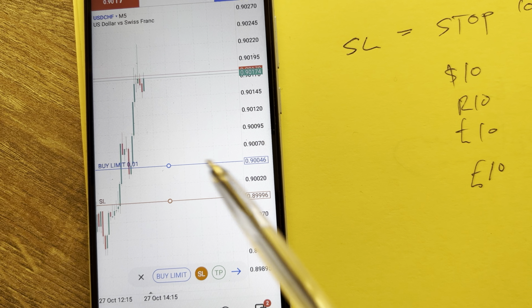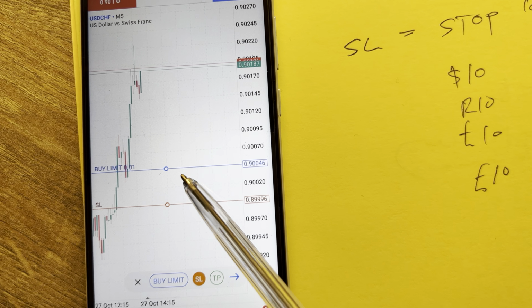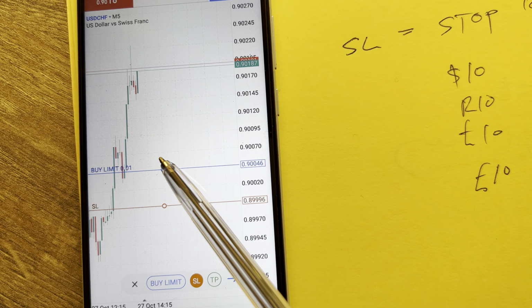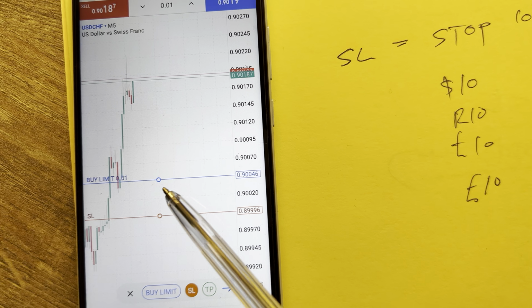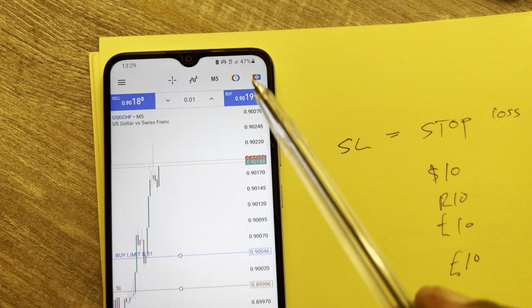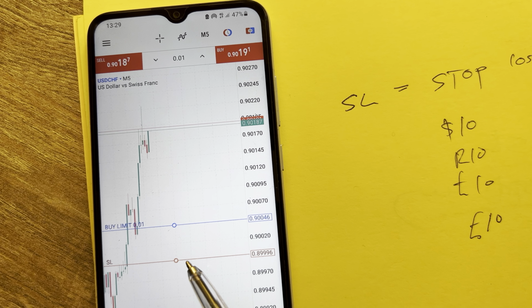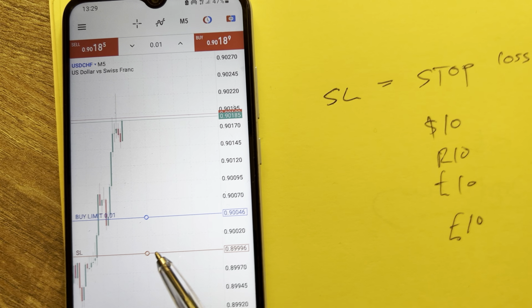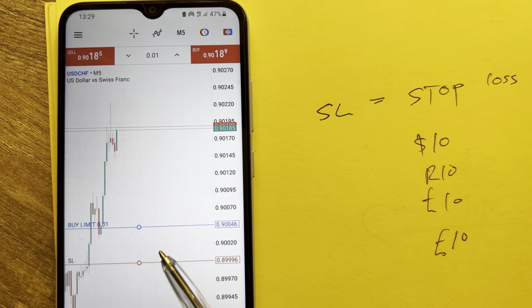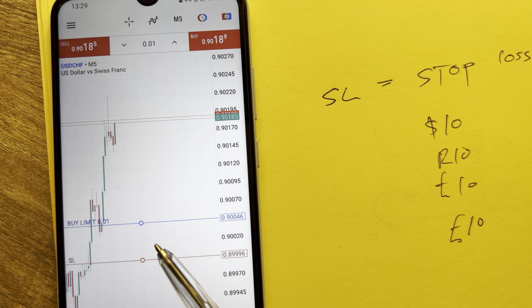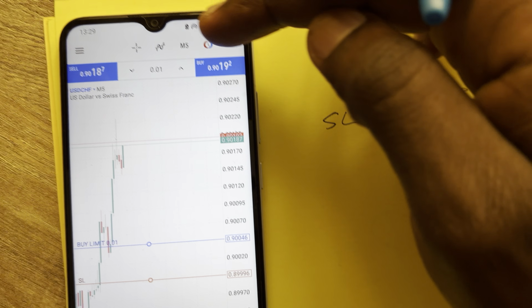The buy limit simply means that when the market comes here, it will activate, and it tends to be a buy, and then it will continue going up. If it continues going down, it's going to come here and close the trade. Simple.